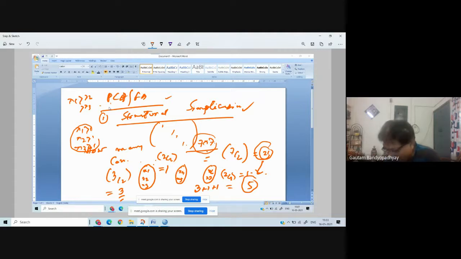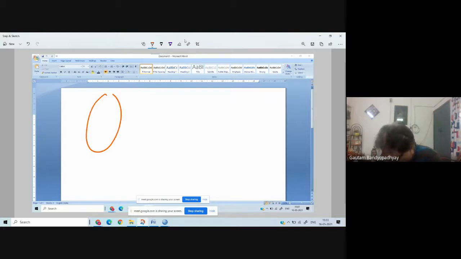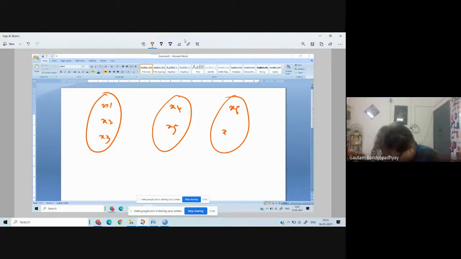But in the real life scenario, what will happen? Say x1, x2, x3, then x4, x5, and then x6, x7. How many members are in group 1? This is group 1, this is group 2, and this is group 3. That is, 7 variables decomposed into 3 groups.